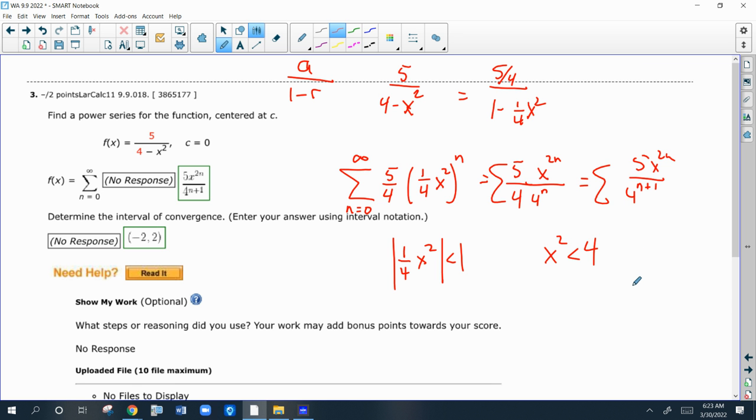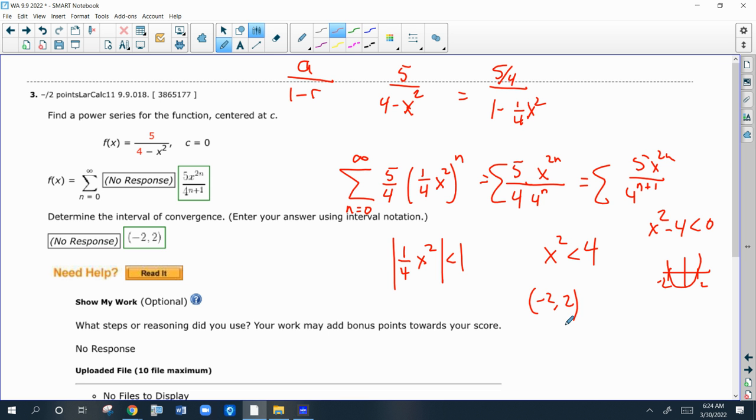So really between negative 2 and 2. The other way you can think of this is, I always think of it like this. It's like a parabola being less than 0. This parabola goes from negative 2 to 2 for the intercepts. So it's less than 0 from negative 2 to 2. So any way you think of it, the interval of convergence is negative 2 to 2.